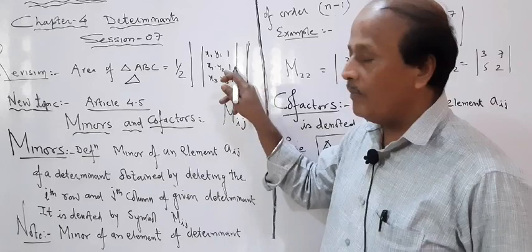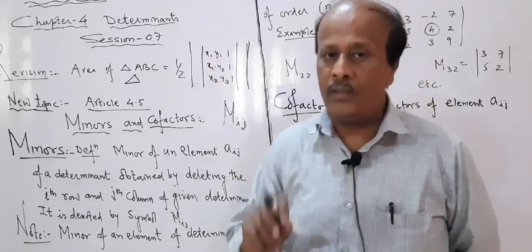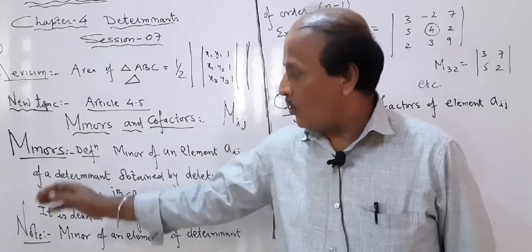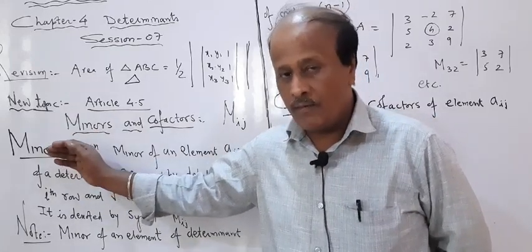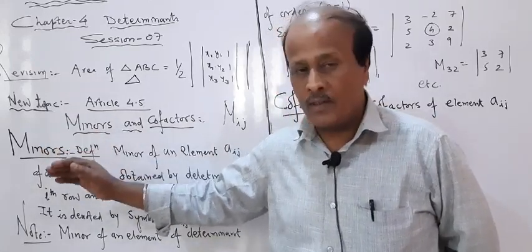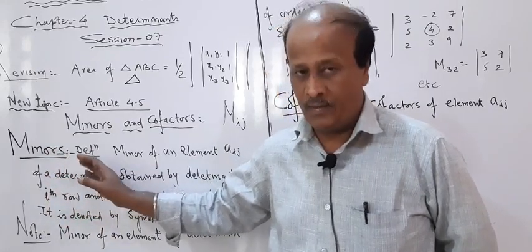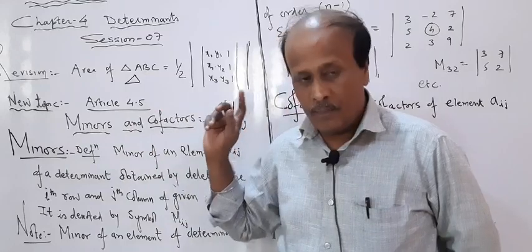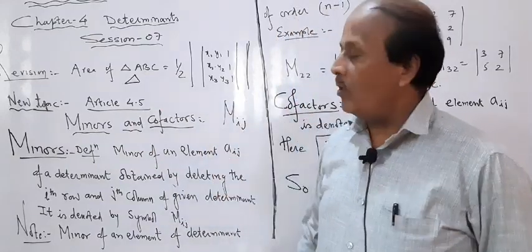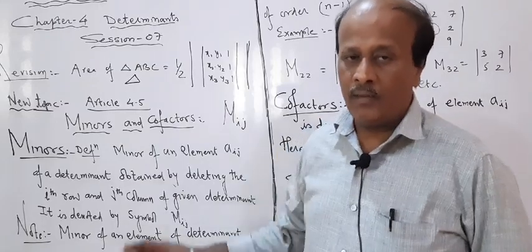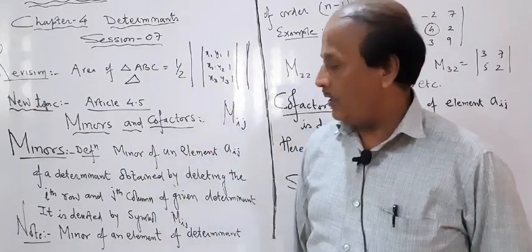The remaining elements will be contained in a small determinant, and that determinant is called the minor. So a big determinant can be converted into a smaller one with the help of minors. If the order of a determinant is 3 cross 3, you can have 9 minors, which I will show you in a coming example.